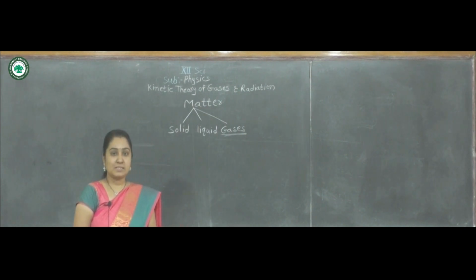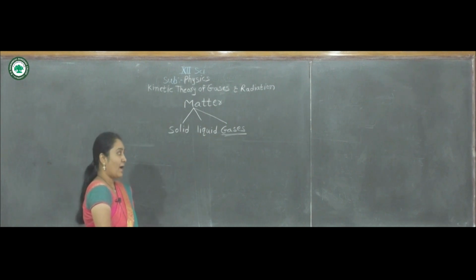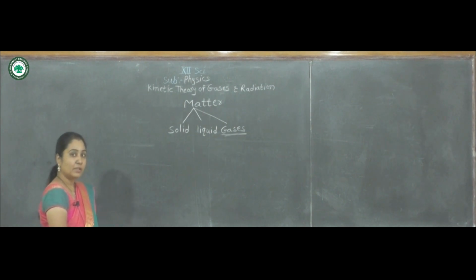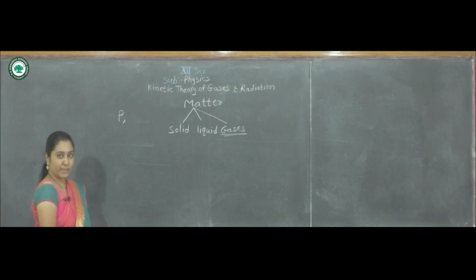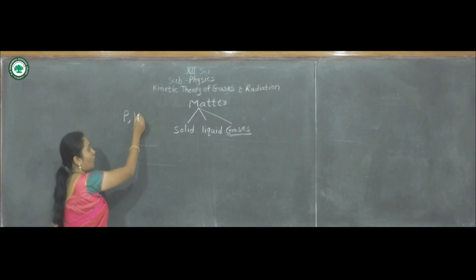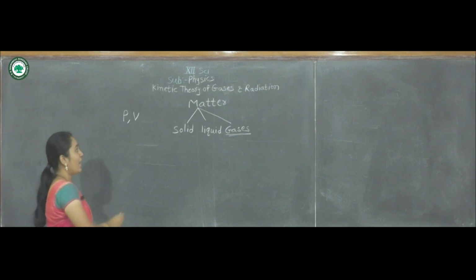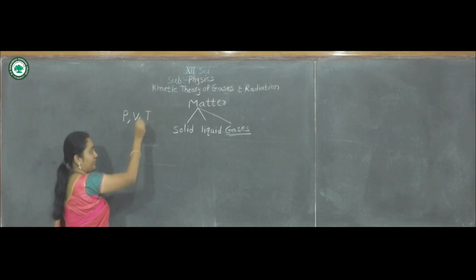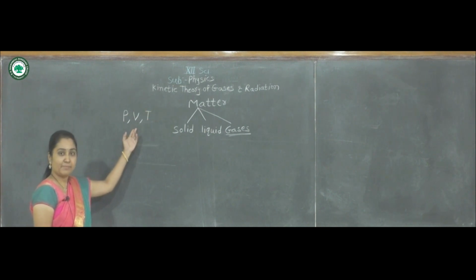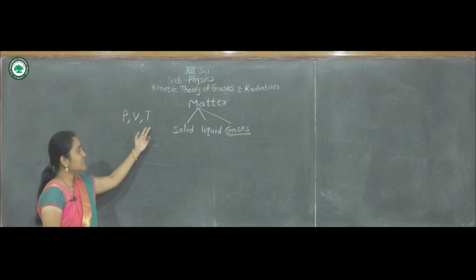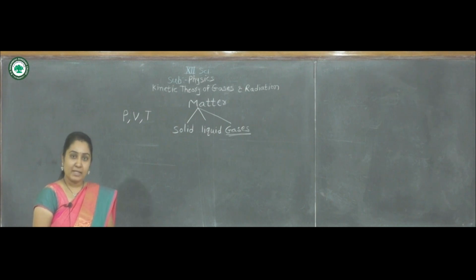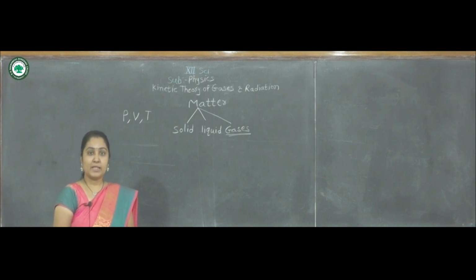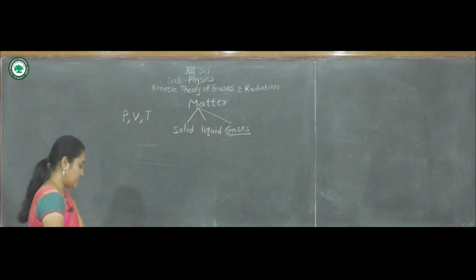In the gaseous state there are three common variables such as pressure P, volume V, and temperature T. These variables are called state variables. By using these variables, there are three basic gas laws.